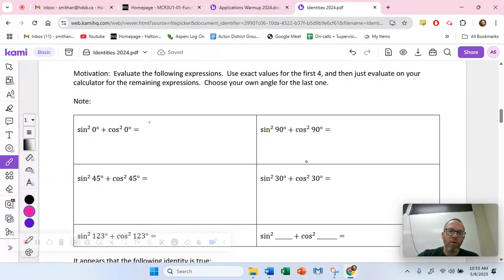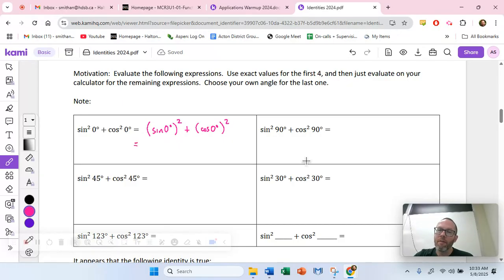This just means you're taking the sine of 0 degrees, and then you're going to square it, and you're going to do the cosine of 0 degrees, and you're going to square that. For this question, you can use your calculator or you can use a unit circle or what have you. I think most of you have your calculator handy, so why don't you just slam those in there?